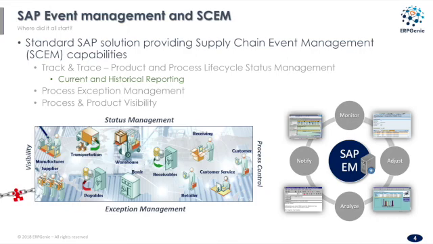This is everything that SAP Event Management deals with. So two key pieces over here: exception management and process visibility. Exception management is when we find something wrong, how do we go about managing that? From a process visibility perspective, how do we give visibility to these statuses to our customers and our suppliers?